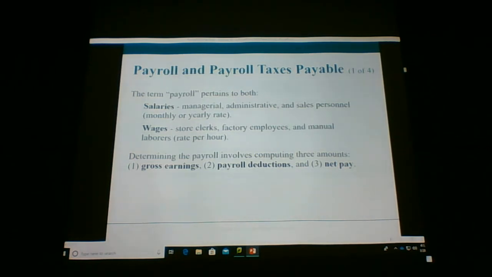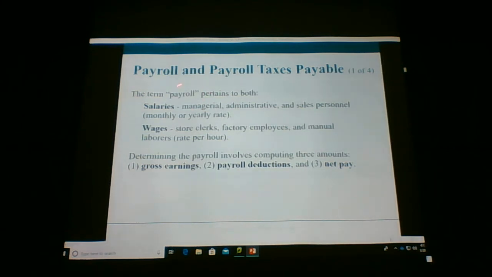Again, I can't emphasize enough, accrual basis of accounting stipulates that we recognize liabilities when they are incurred, okay? So payroll is, for most companies, the biggest current liability, or at least one of the biggest current liabilities, usually the biggest.